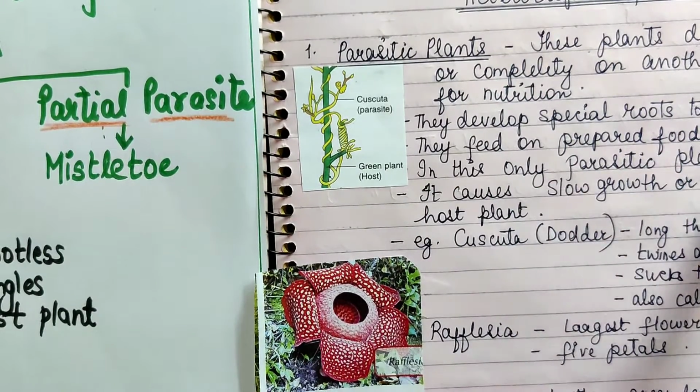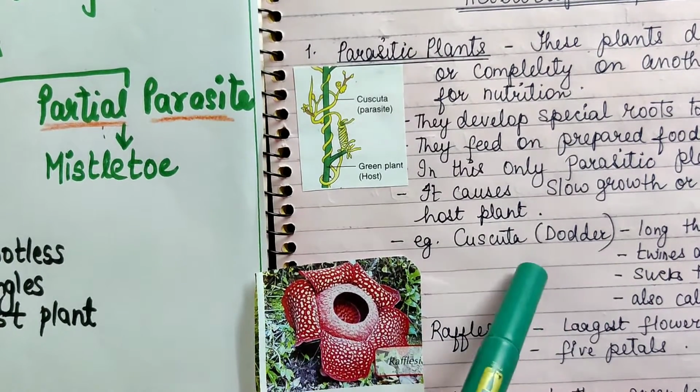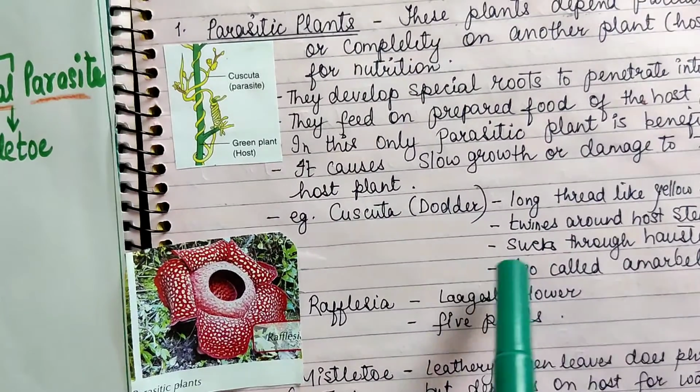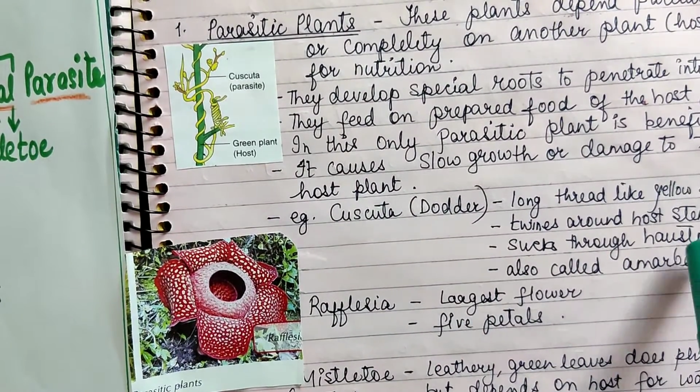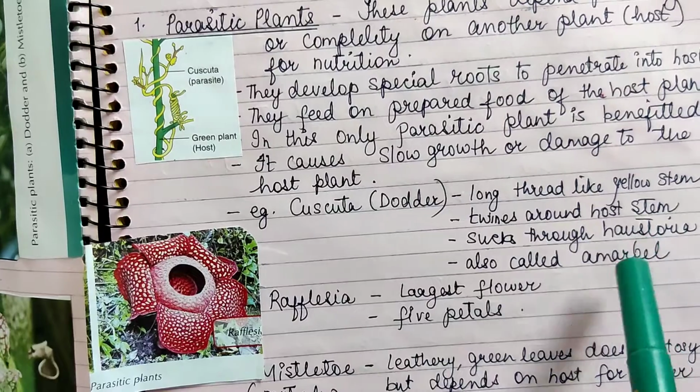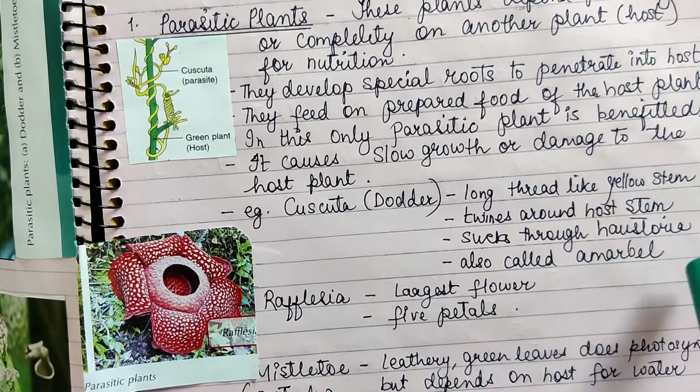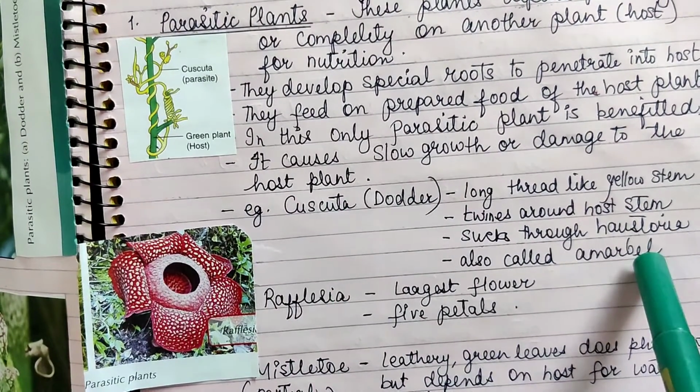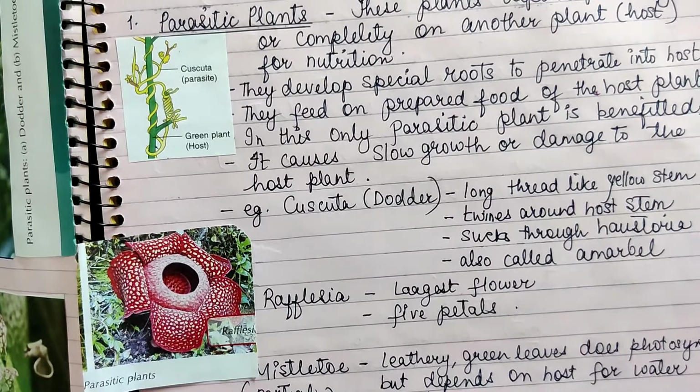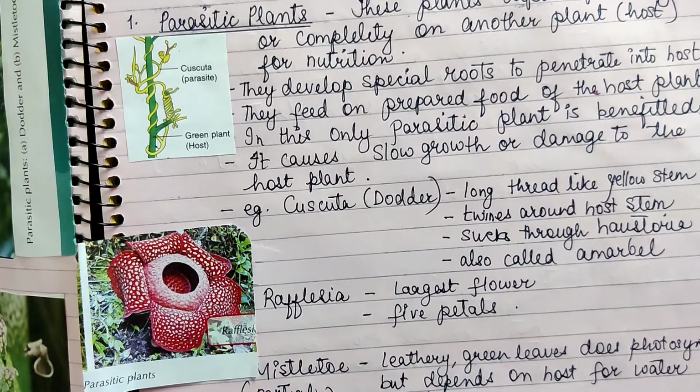They have special roots, and they take the prepared food from the host plant. Cuscuta has a long thread-like yellow stem. It twines around the host stem and sucks the nutrients through haustoria. It is also called amarbel. Lots of names have been given to the cuscuta, the dodder, and the Rafflesia.